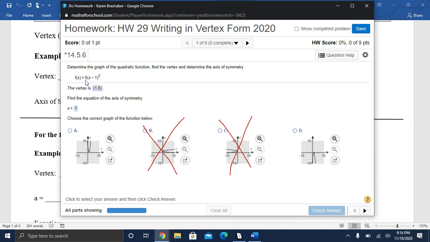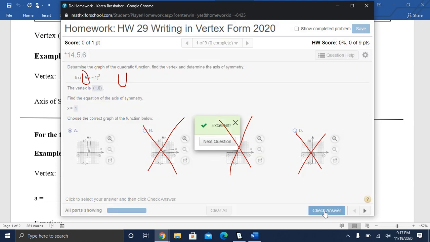One would be if this is a positive number in front of the squaring, that means that the graph is going to open up. So since 5 is positive, our graph is going to open up. And that lets you throw out your third graph. And the only choice that makes sense for this is A. Also, its vertex is at 1, 0. We'll check that answer, and it is correct.